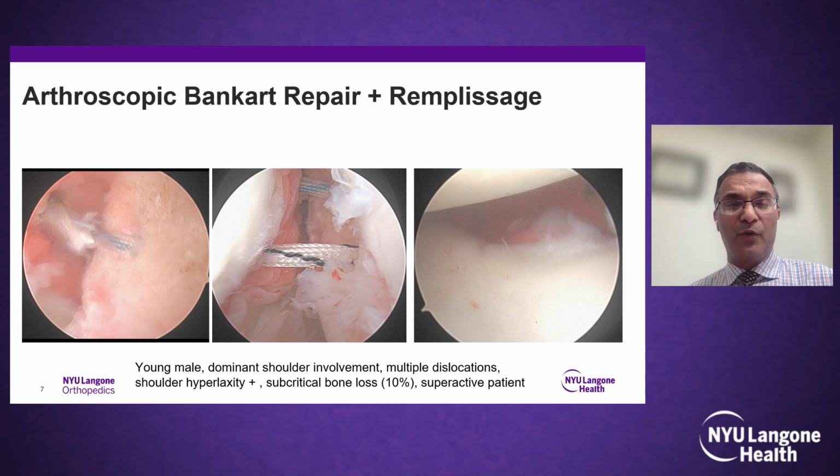It is important, if you are doing a 2-anchor technique and you are only doing single passes through the capsule, that you have a sufficient degree of spread between these 2 anchors in order to have a nice box of capsule and the infraspinatus in order to do a remplissage. We will talk about the sequence of doing the repair and remplissage as a discussion in the next few minutes, but I just wanted to show you what was done for this case.